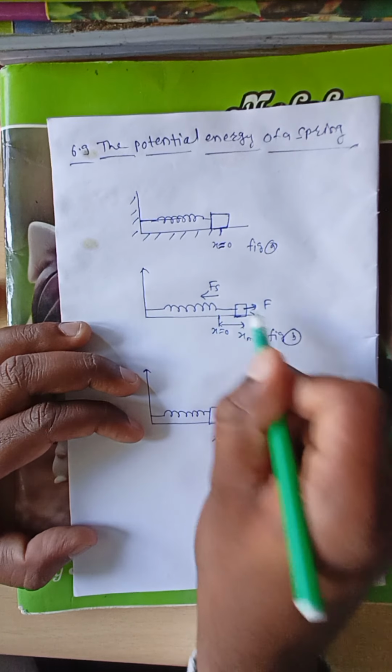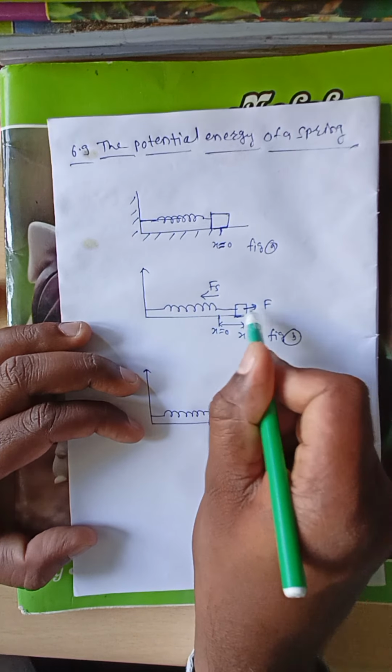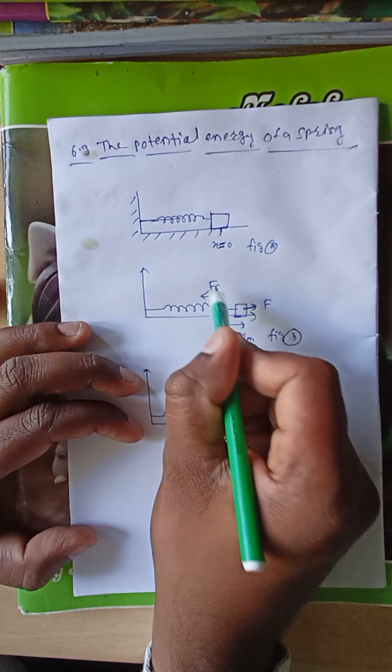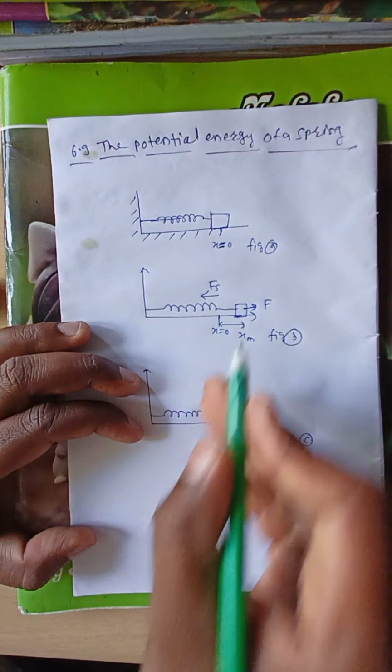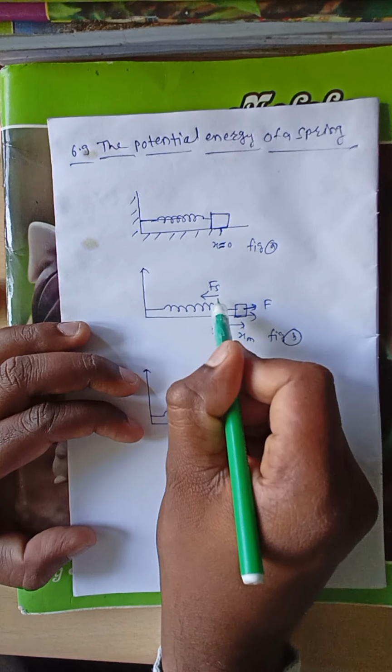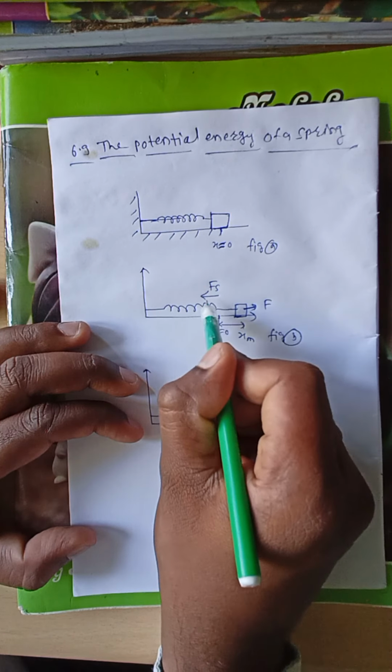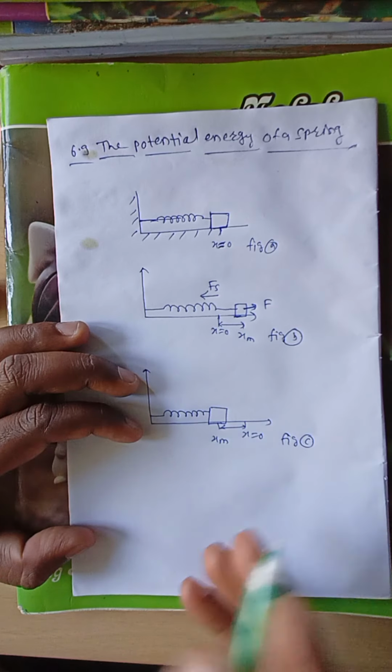Means if we pull the block in an outward direction, inside the spring some spring force is generated in the opposite direction to that of the applied force, means the direction of the spring force is in that direction.